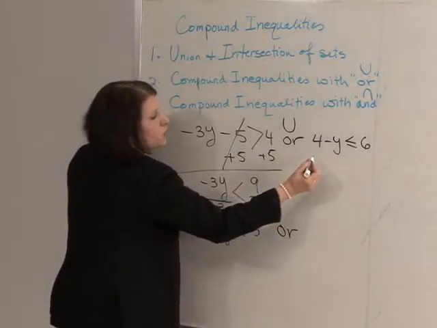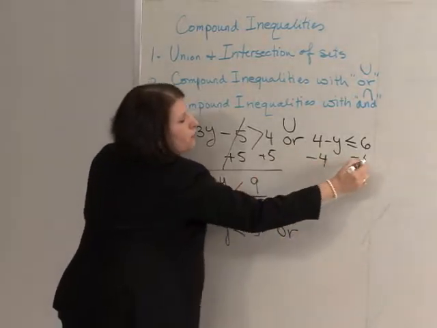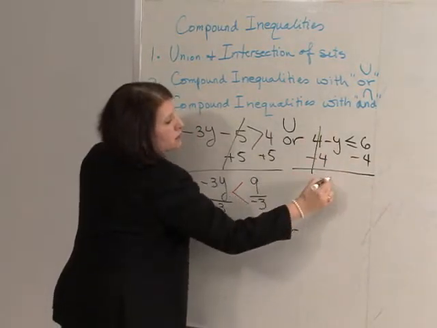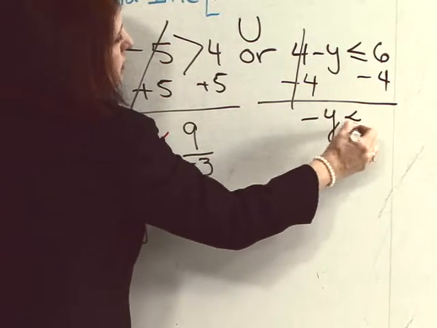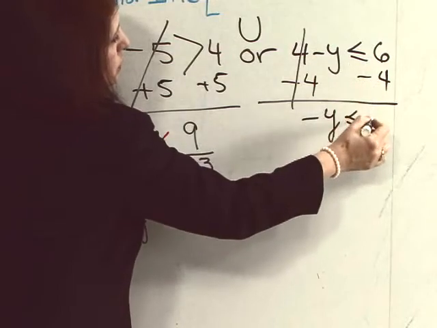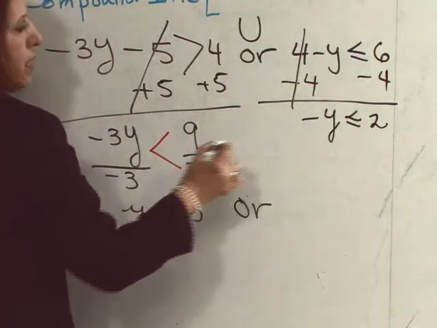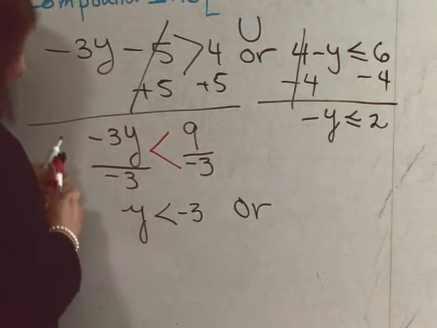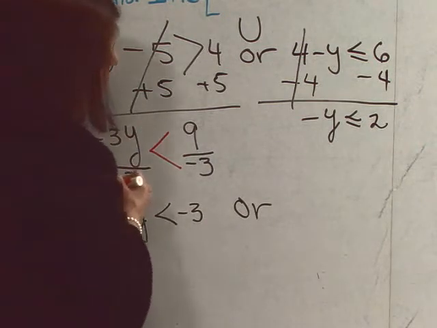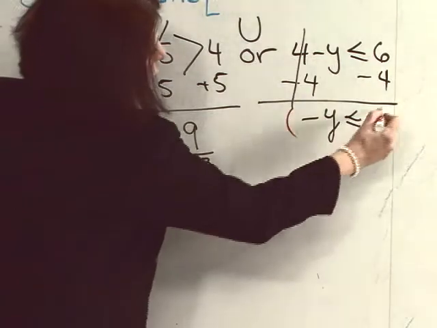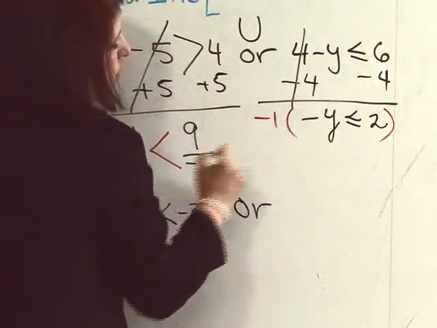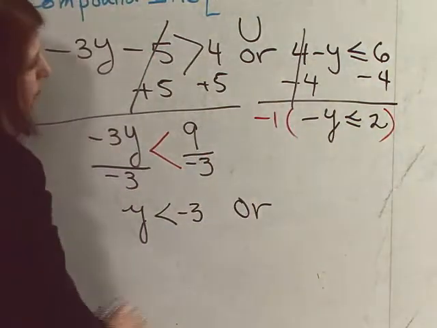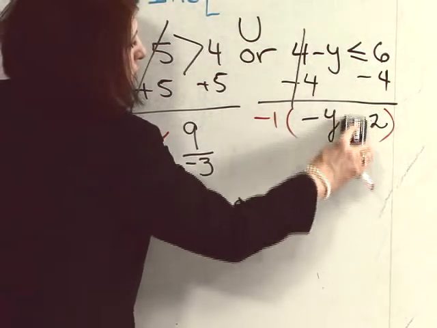Now let's solve this one. I'm going to subtract 4 from both sides. So negative y is less than or equal to 2. And now I need to change the negative y to positive y. So again, if I multiply both sides by negative 1 to change that to a positive y, I'm making this statement a false statement.